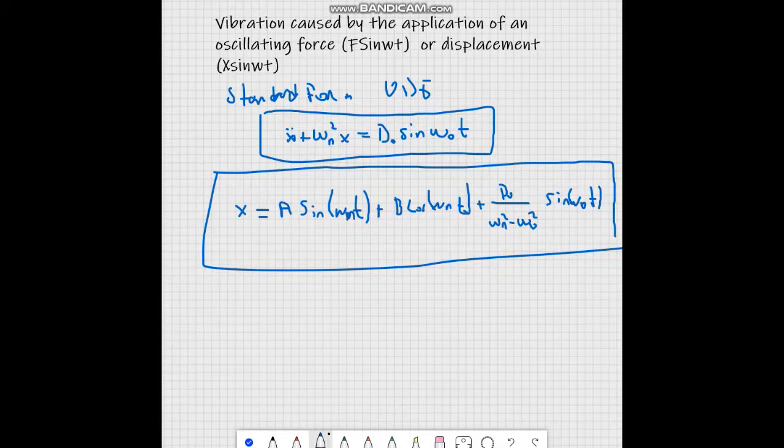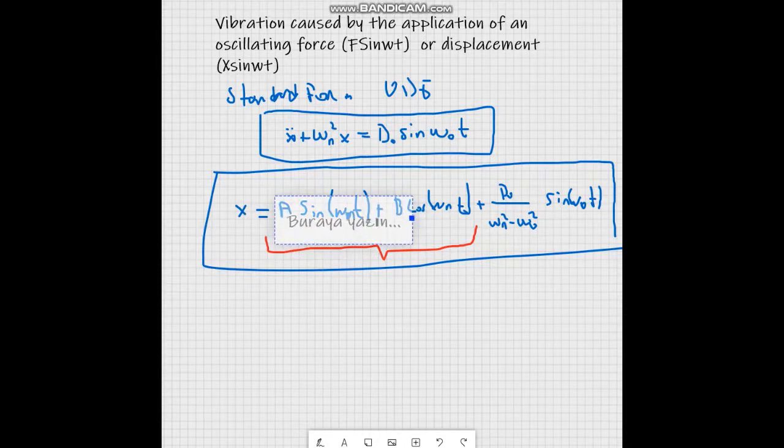If we divide it, let's define it here, up to here is the free response. Let me write it down here: free response.